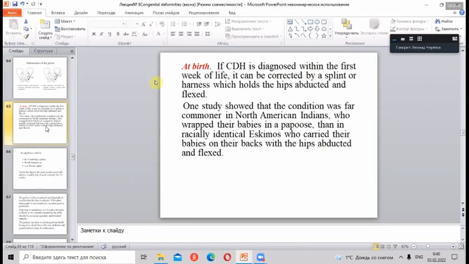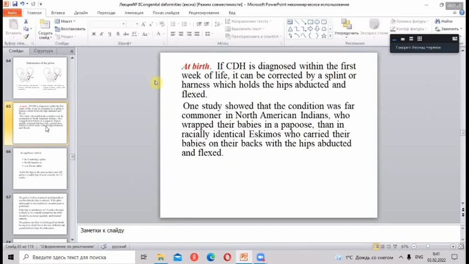Thus, if congenital dislocation of the hip is diagnosed within the first week of life, it can be corrected by a splint or harness which holds the hip abducted and flexed.